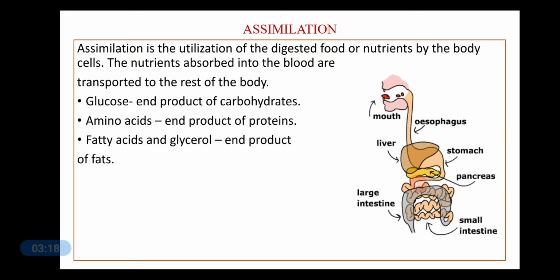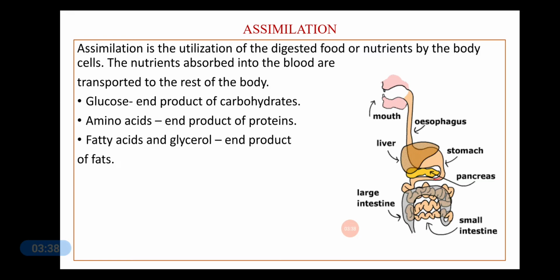Now the main digestion and absorption of food takes place inside the small intestine, because the small intestine is around 7 meters in length. So the food remains in the small intestine for a long time.